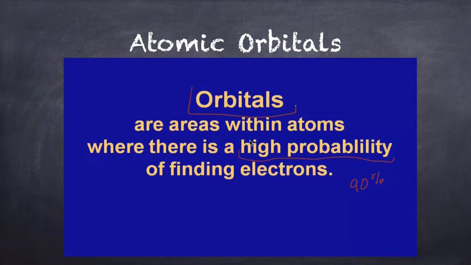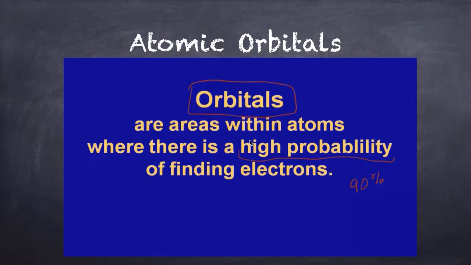Let's talk, before we go any further, very importantly about the word orbitals. It's an unfortunate word. It comes from the word orbit, which came from Bohr's idea that electrons orbit the nucleus like planets orbit the sun. And we know that electrons do not orbit the nucleus. And so the word orbitals is often something that can create a misconception with students. It makes students think that electrons orbit the nucleus, and they do not.